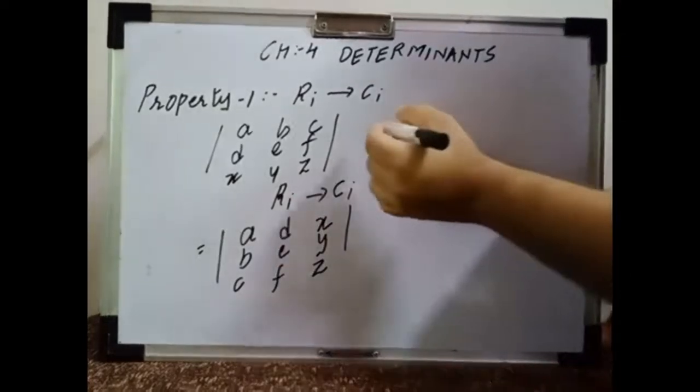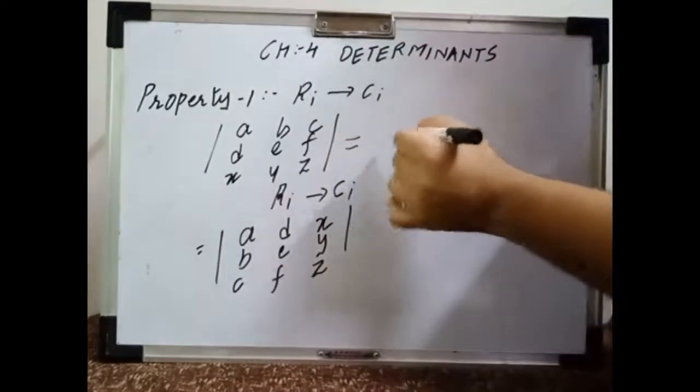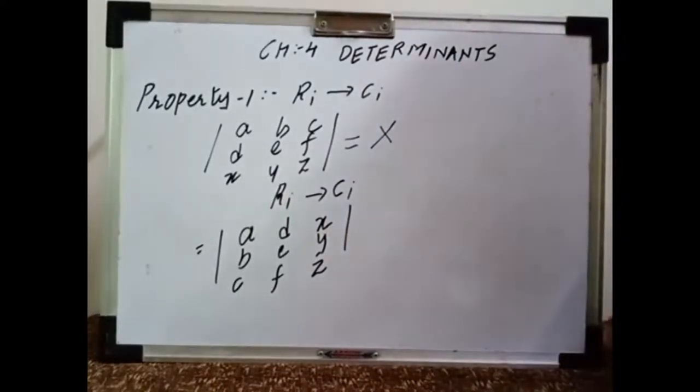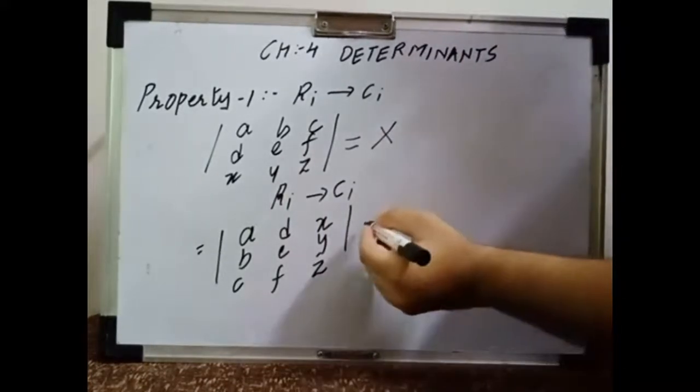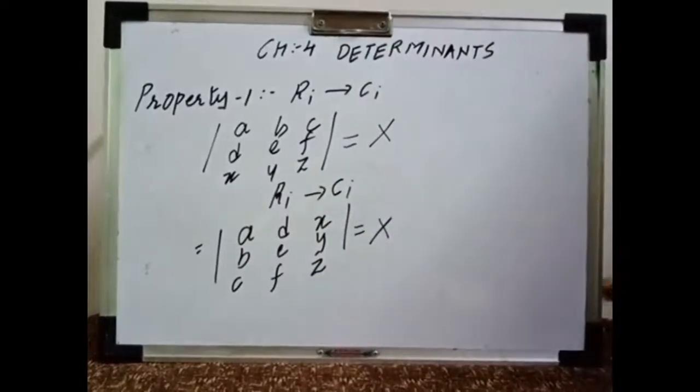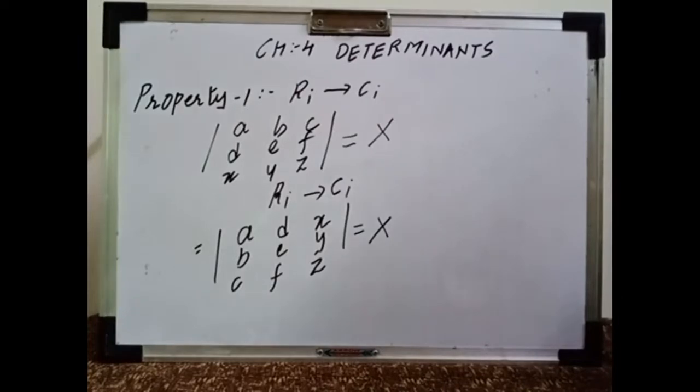If the value of the determinant was x, after applying this property, the value of the determinant will be x only. There will be no change in the value.